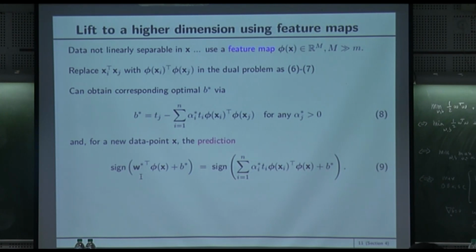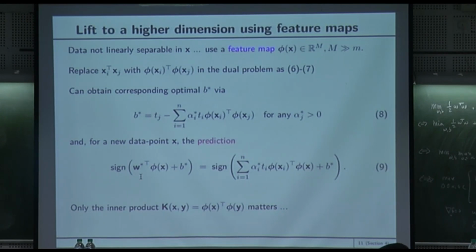I lift this problem and then I solve my SVM in this higher dimensional space. That will give me a new separator. b star I can compute as it is, and if I want a prediction at a new point, I take w star transpose phi of x, which I know by my calculation is the sum of alpha star_i y_i phi of x_i transpose phi of x, plus b. That's another way of doing everything in a higher dimension.